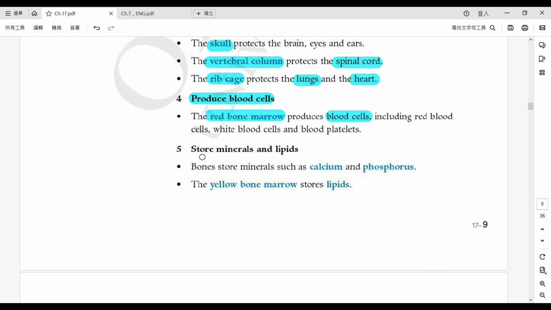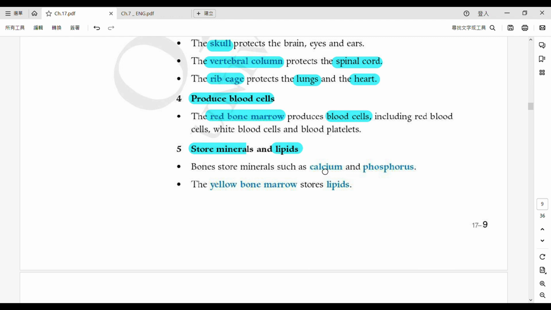And then the last one is that our bones mainly store minerals. Remember, it's not to produce minerals. It is to store the minerals and lipids.